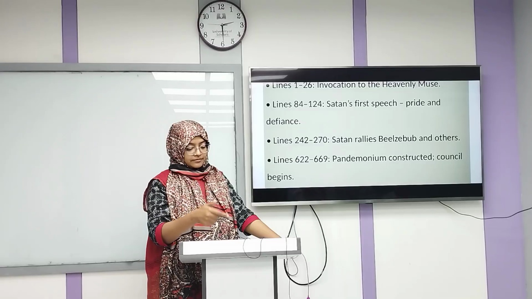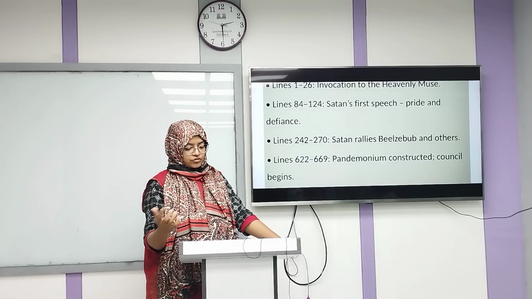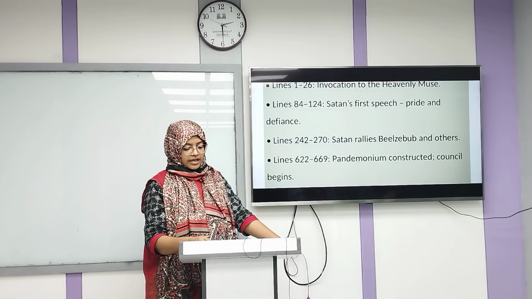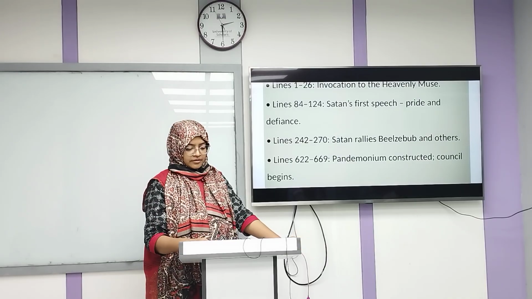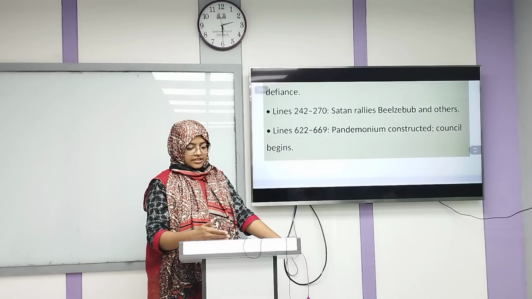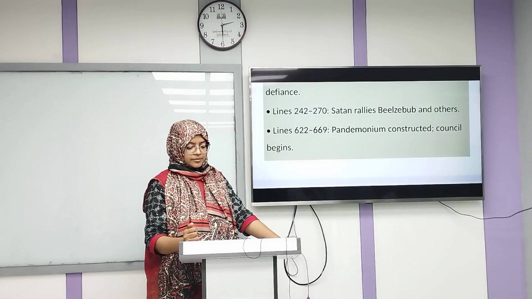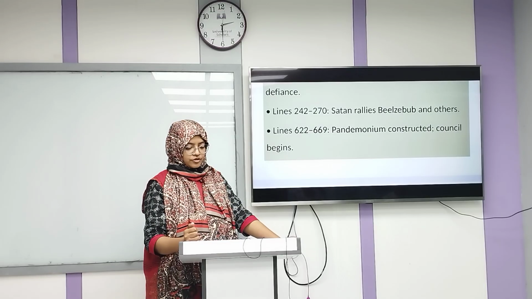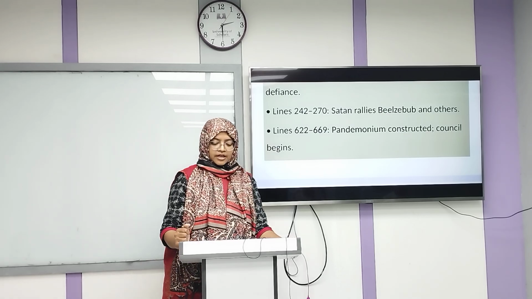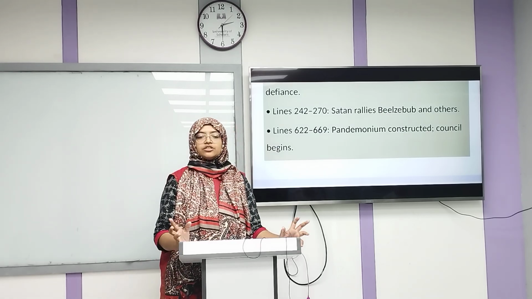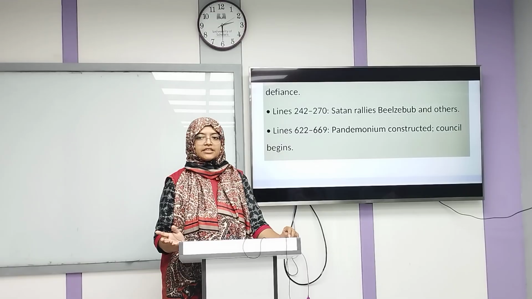From lines 242 to line 270, Satan rallies Beelzebub and others. He gathers up his forces. And lastly, lines 622 to 669, how pandemonium is constructed. The poet Milton talks about that.